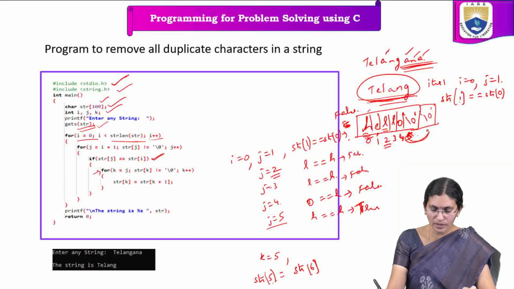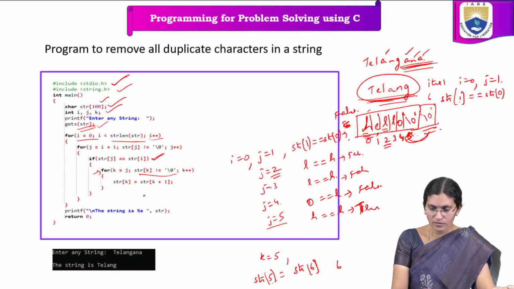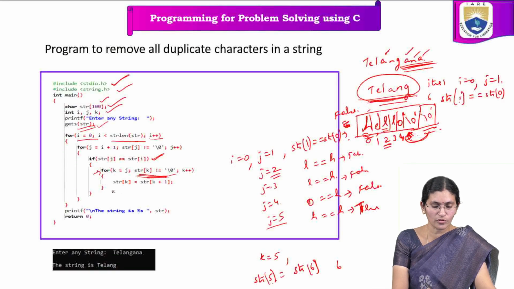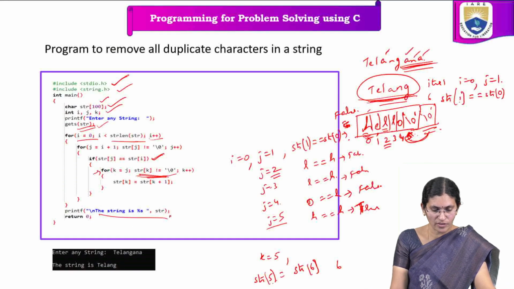So k is equal to 6 now, and here we have null, so this condition becomes false. The condition not equal to null no longer holds true. Therefore it will come out of this loop and then print the given string.